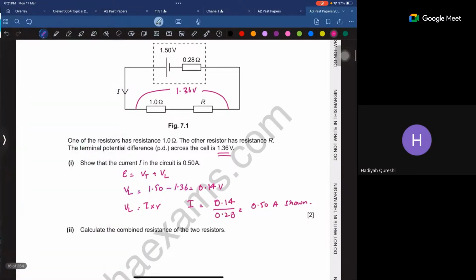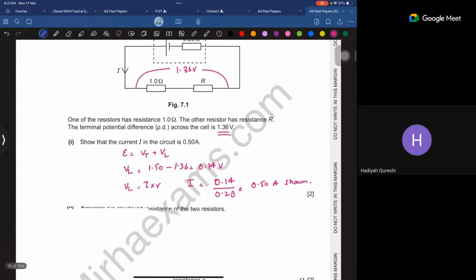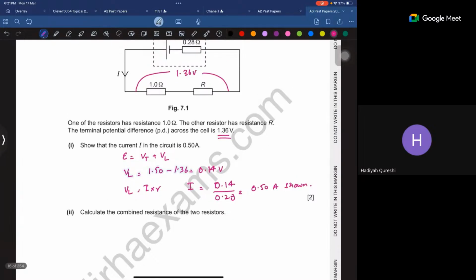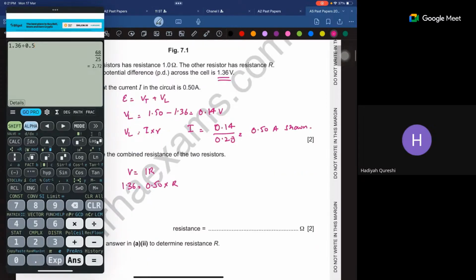Then it says calculate the combined resistance of the two resistors. We have the current passing through a series circuit, so V is equal to IR. This time we're going to use the terminal voltage, 1.36, and the current is this, so it's 2.72. Pretty awesome.